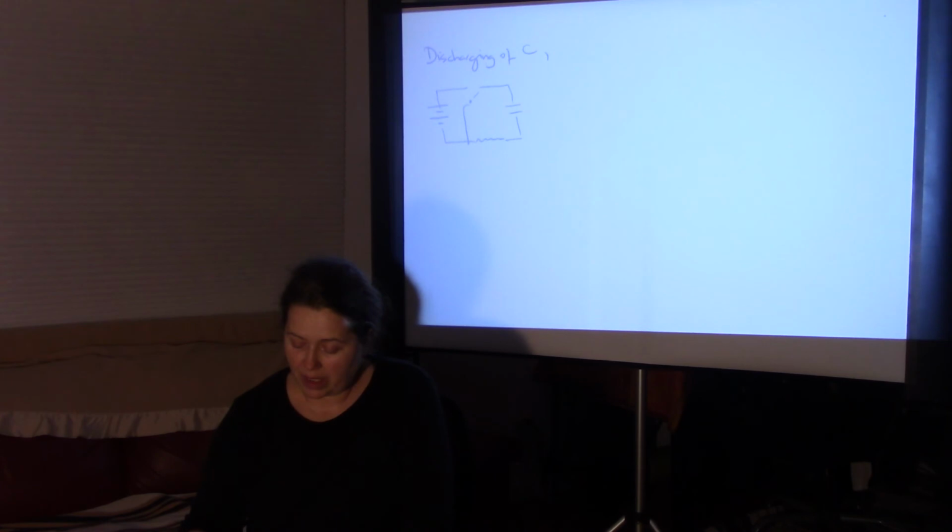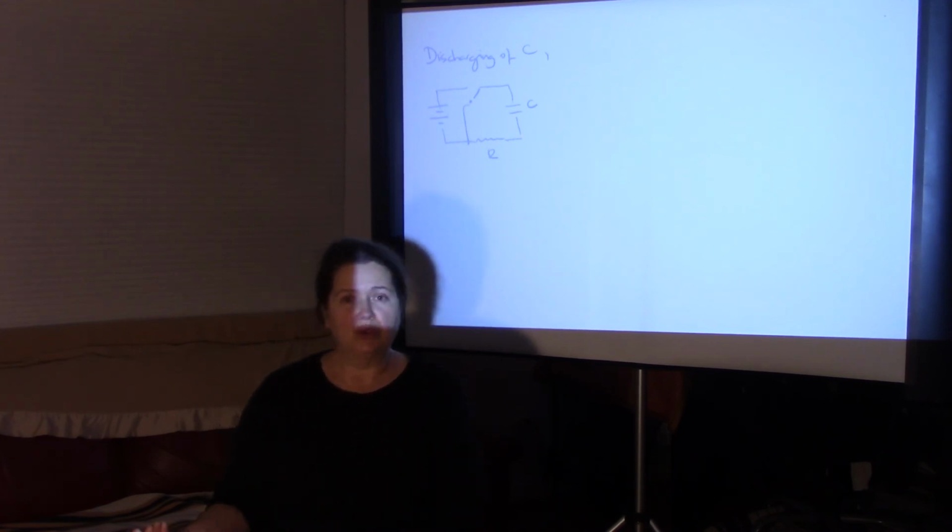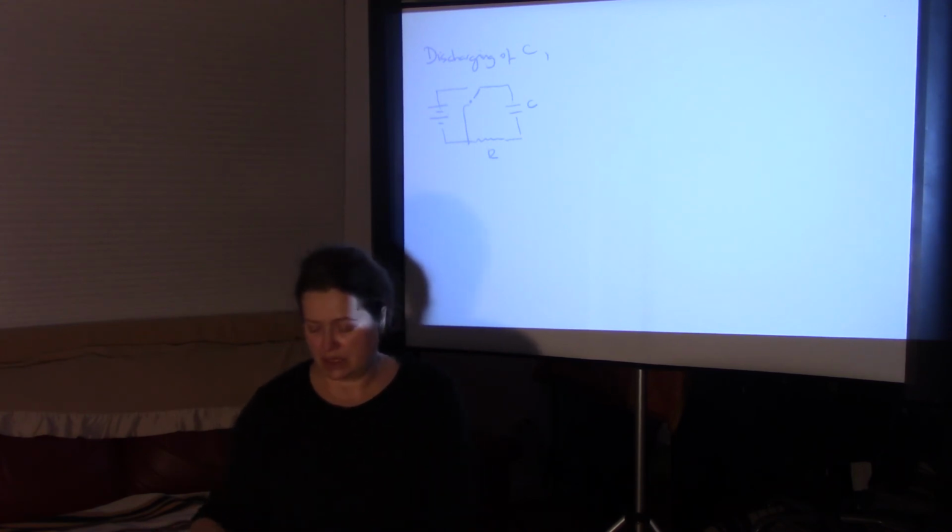So here I have a closed switch, and I am discharging this capacitor through this resistor. This is equivalent to just having the resistor, the switch, and the capacitor. So this would be the circuit that we want to focus on.